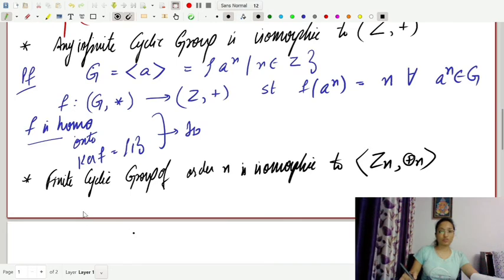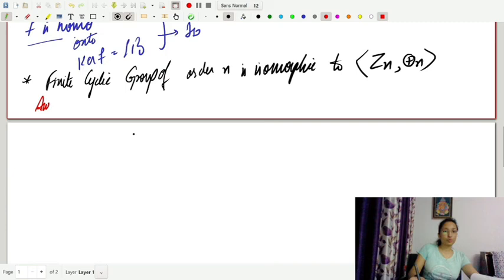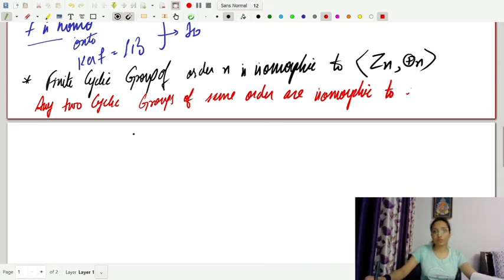Another property which we have is any two cyclic groups of the same order are isomorphic to each other.